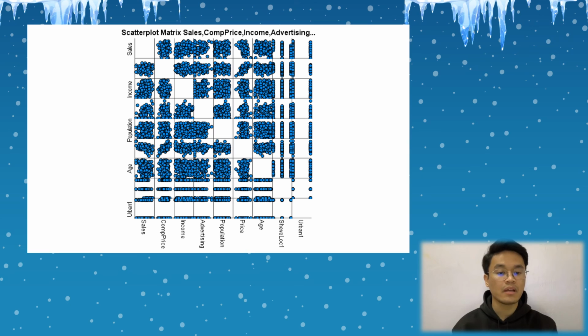There is a high level of association between price and competitor price. There is no clear association between population and income, age and income, and age and population. Among the independent variables, there is a high level of association between competitor price and price.